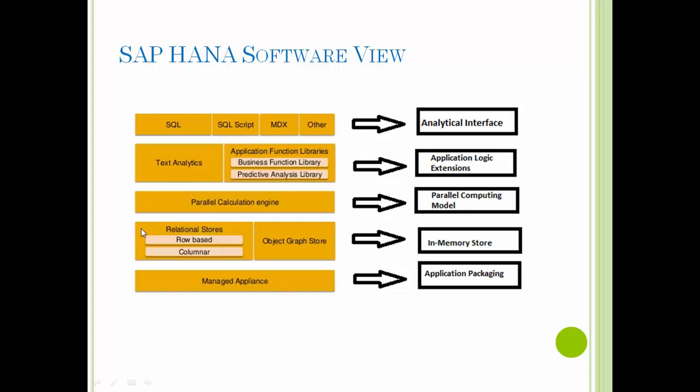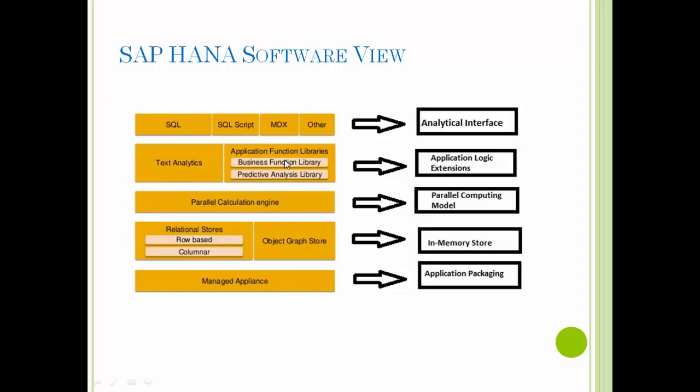And coming to BFL, BFL is a function library which works as reusable library for business applications, and PAL defines functions that can be called from within SAP HANA SQL script procedures to perform analytic algorithms.